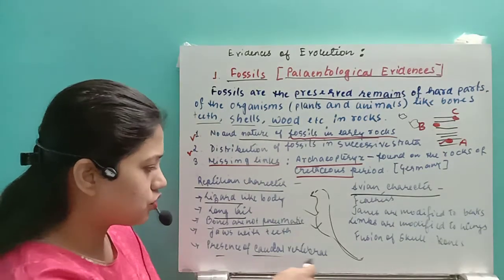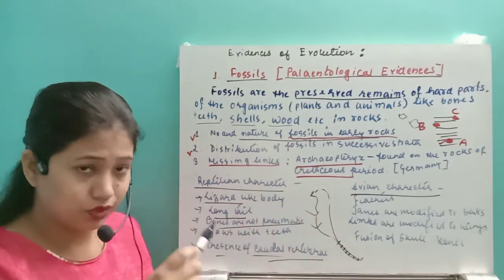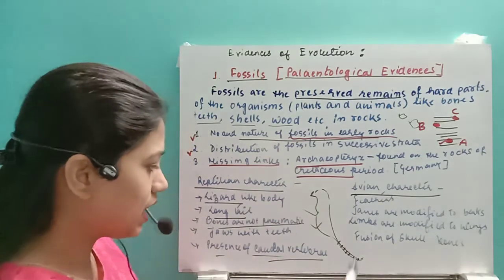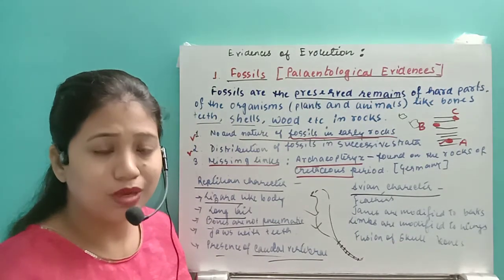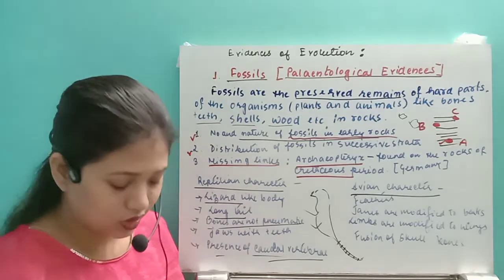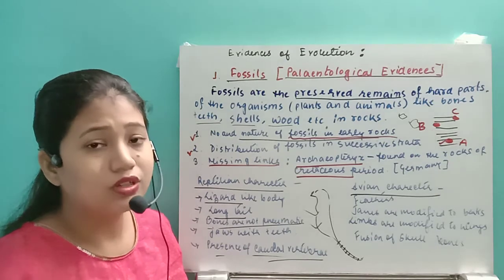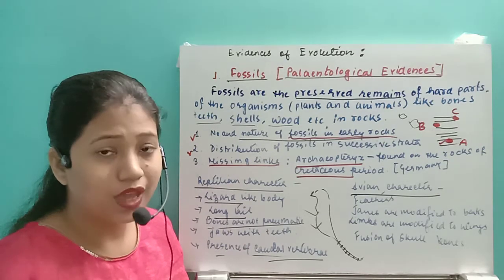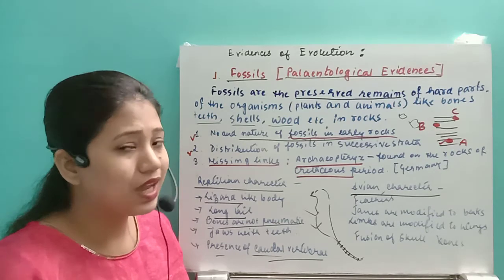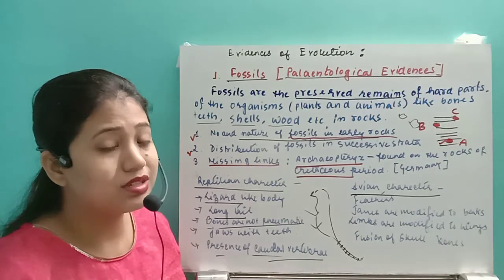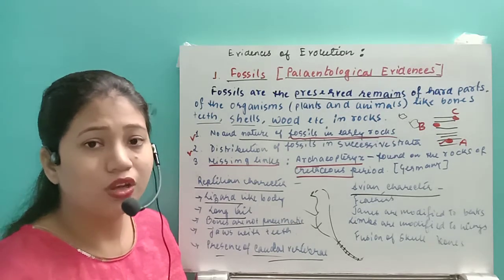Next one, the presence of caudal vertebrae. The vertebral column is forming a long tail-like structure. This structure will have some vertebrae, and those vertebrae are called the caudal vertebrae. You might have already seen in class, in case of birds, the last 3-4 vertebrae are fused to form only 1 or 2 vertebrae, that is called the pygostyle.